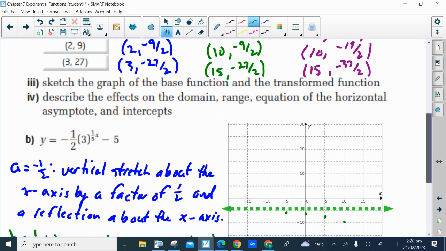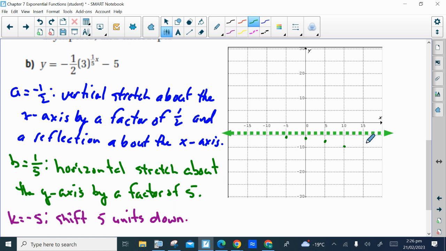And 15, comma, negative 37 halves, which is negative 18.5, close to negative 20. Because this graph was reflected over the x-axis, it goes downwards instead of upwards. So there's our sketch.